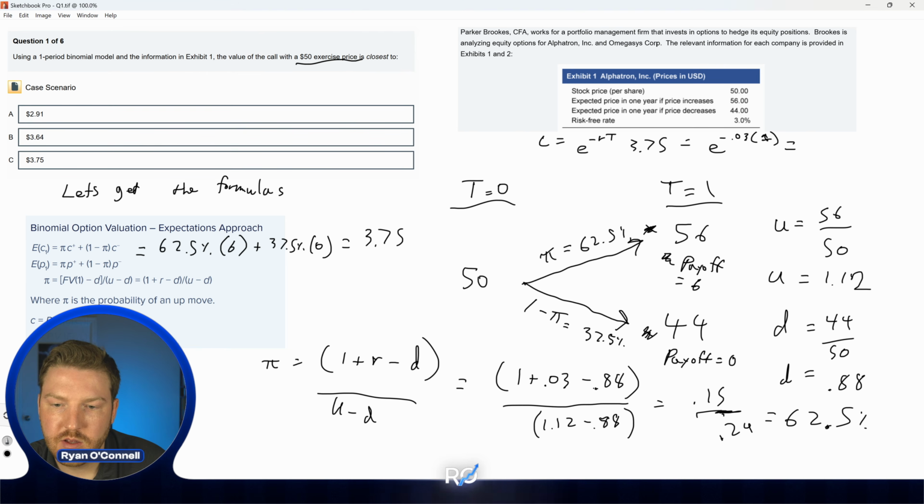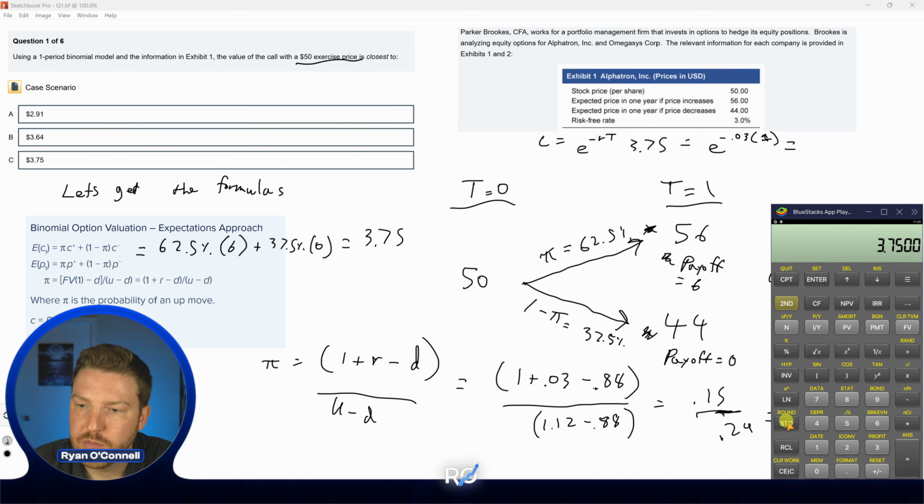I'll just store this 3.75 in the one slot. Then let's get e to the negative 0.03. That's our discount factor. We'll multiply that by 3.75, which is equal to 3.64.